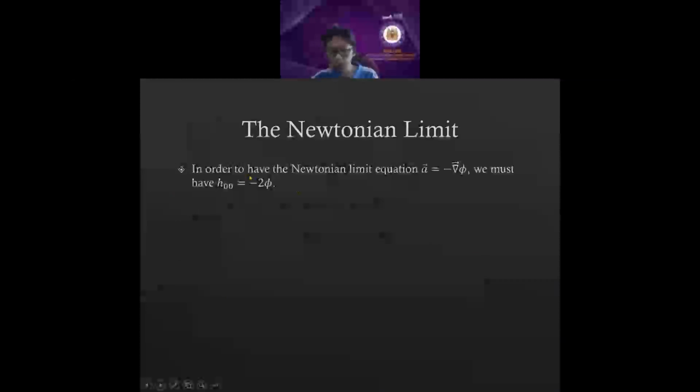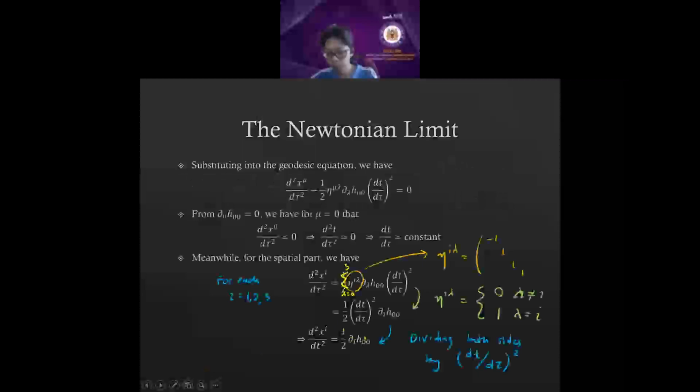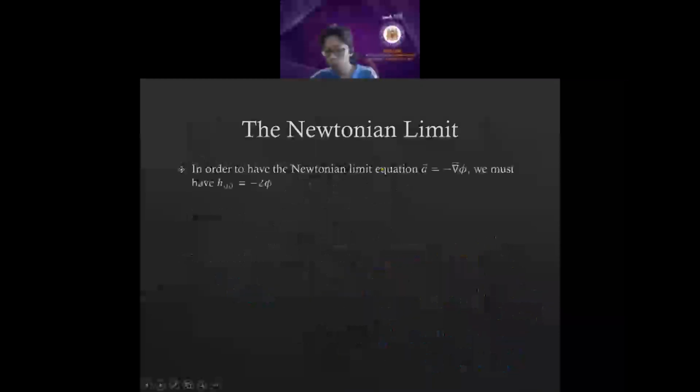So if you now compare what we have over here with Newton's second law equation, right? Then notice that in order for us to have the Newtonian physics, we must have that h naught must be equal to minus 2 times phi.